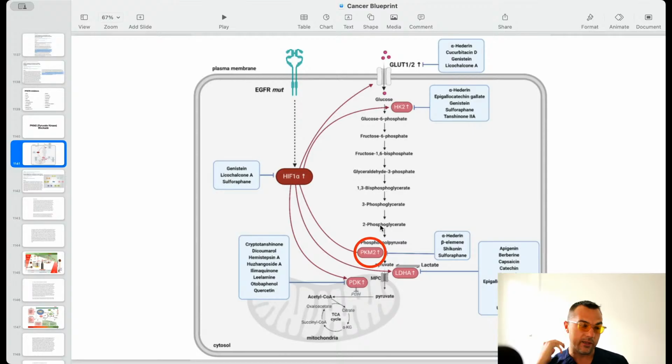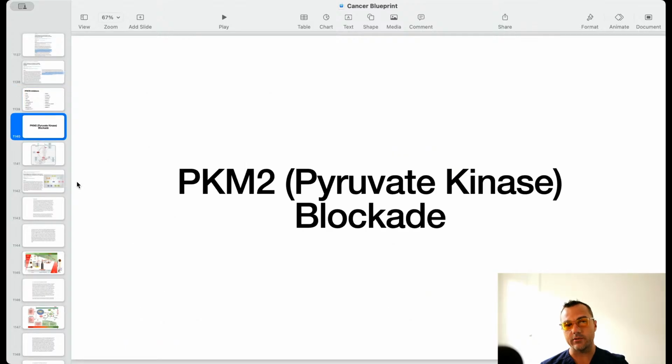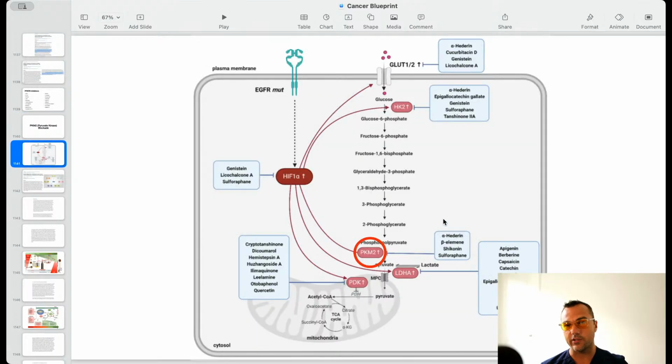And at this point, considering even a much more obscure enzyme like PFKFB had many known and a lot of question-marked inhibitors, then the more common enzymes that we've talked about, such as hexokinase, phosphofructokinase, pyruvate kinase, lactate dehydrogenase, and you've seen the inhibitors associated with those, and these are not exhaustive lists, hopefully that gives us a lot of hope, knowing that we have a lot of tools at our disposal.